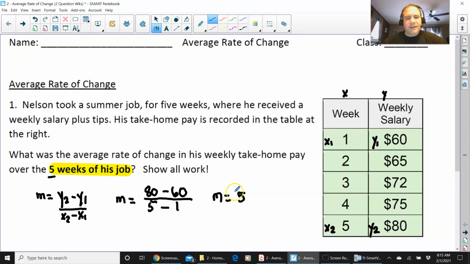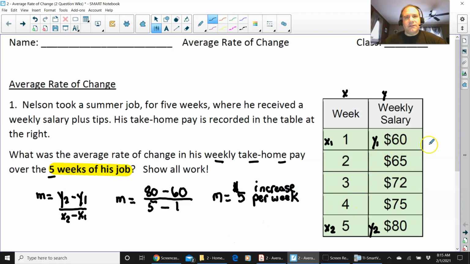And so we have 5, the M, and that is $5 per week. And that's the average rate of change in his weekly take-home pay. That's an increase per week.